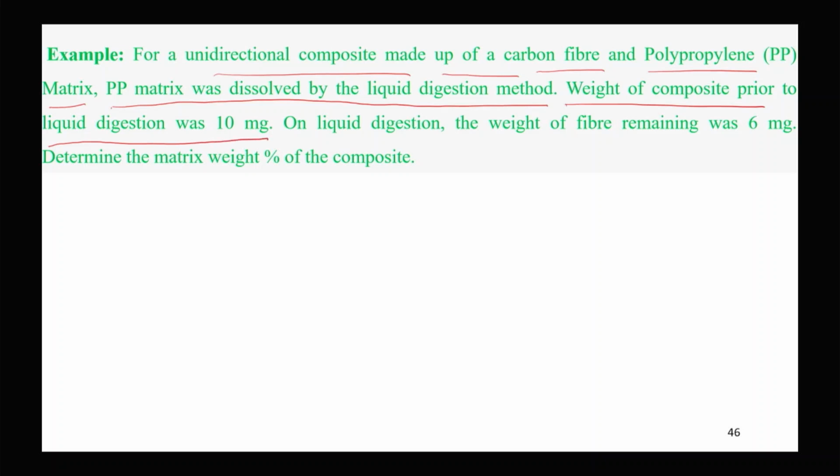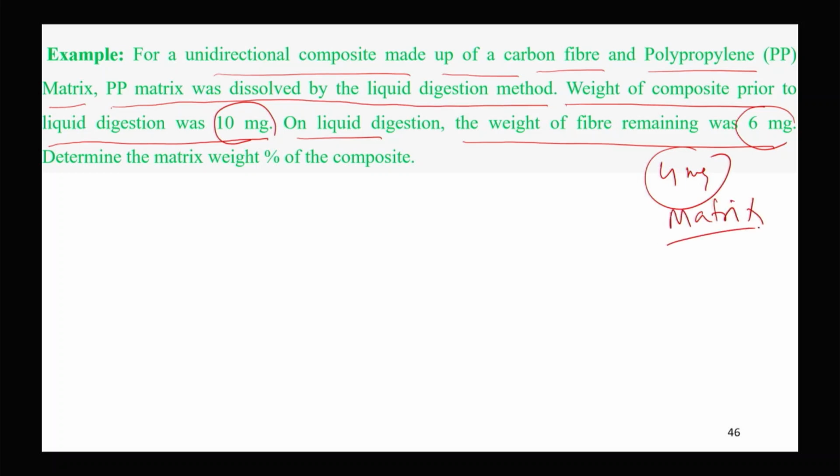On liquid digestion, the weight of fiber remaining was 6 milligram. So 10 milligram was the composite. After liquid digestion, 6 milligram fiber remained. Rest 4 milligram was the matrix.